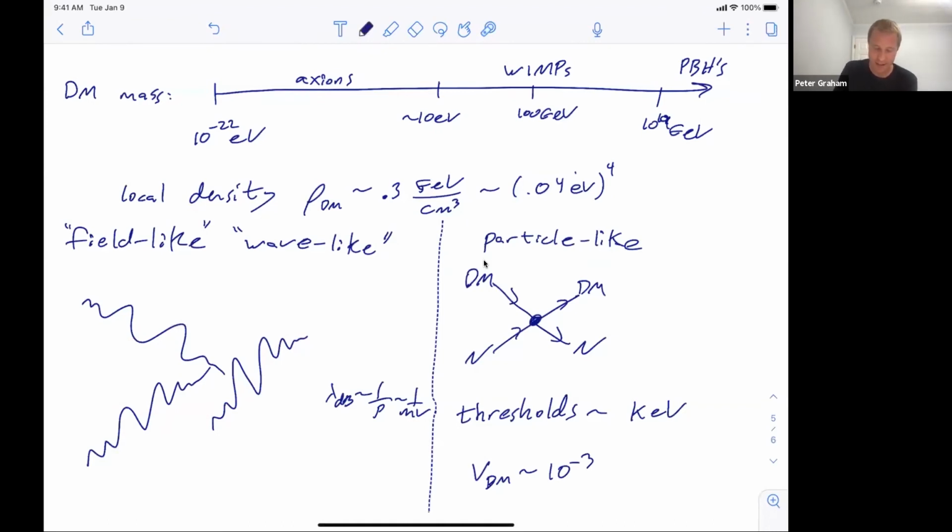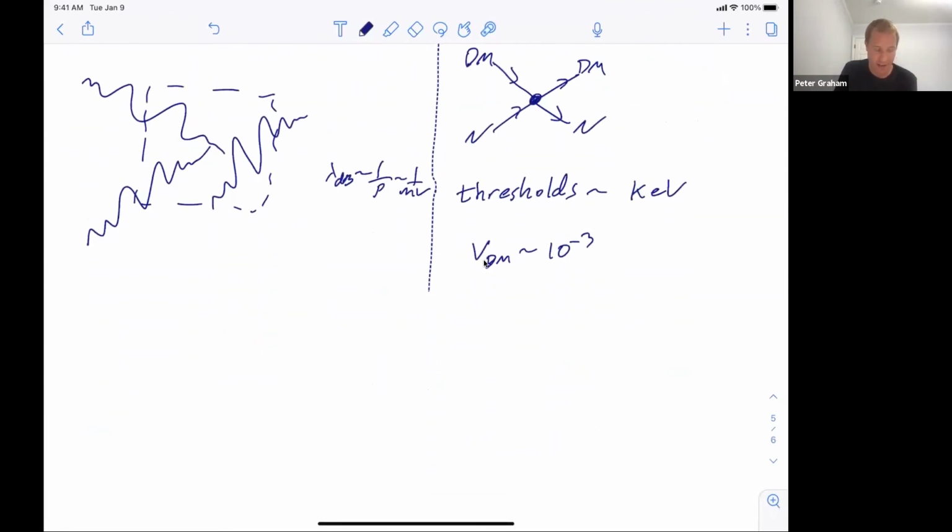I can make a little cube of size lambda, the de Broglie wavelength, and the number density of dark matter particles is the mass density of dark matter divided by the mass of dark matter, times the volume, lambda cubed. That's how many particles there are per de Broglie wavelength cubed.